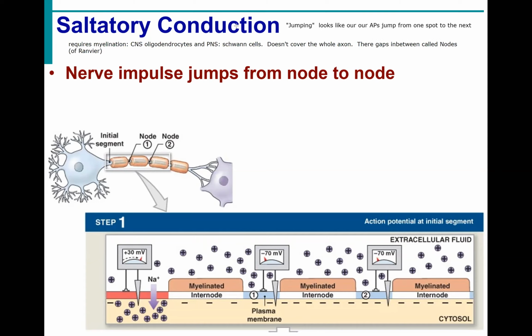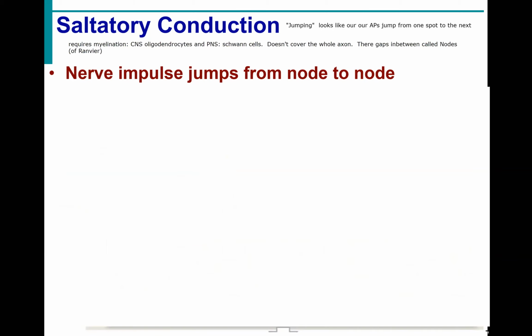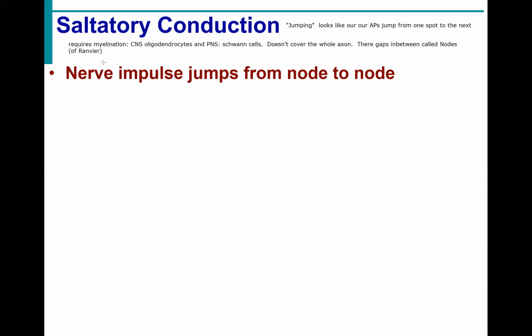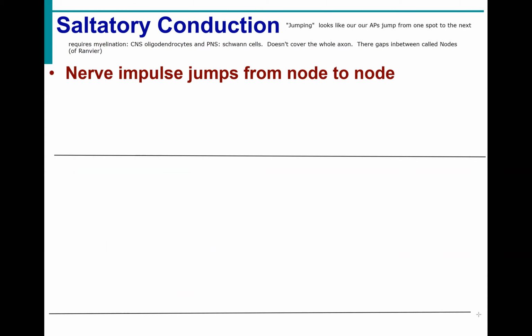Now, to do that, I'm going to cheat and put a big white block over the slide so that I can draw on top of it. And I'm going to draw what we looked at before. So here is our axon, just like before. And again here, and I'll just abbreviate it, is our axon hillock.